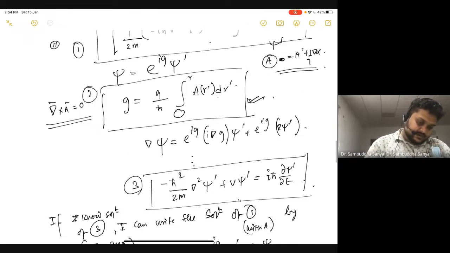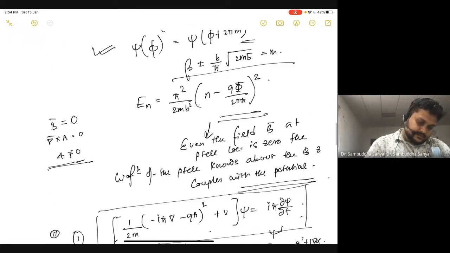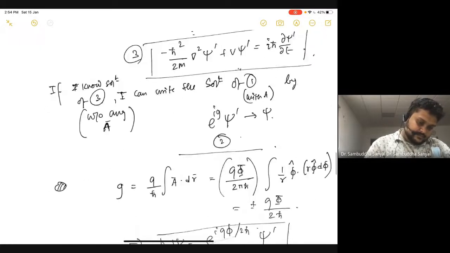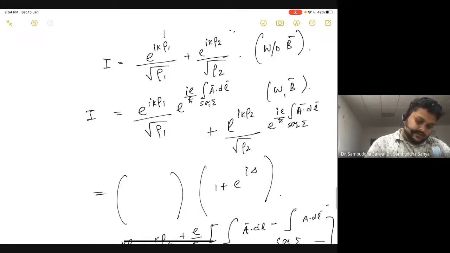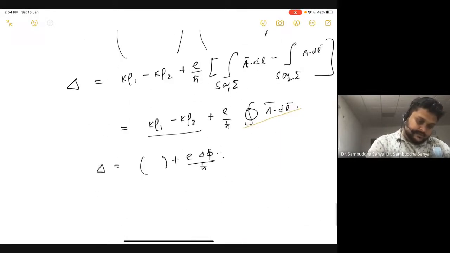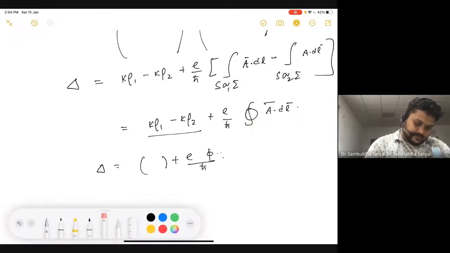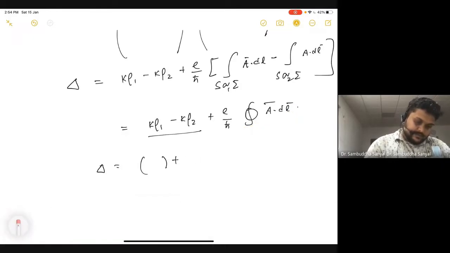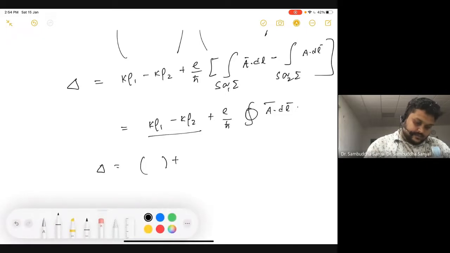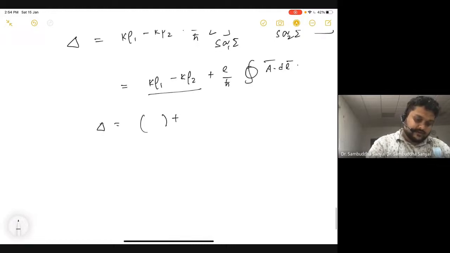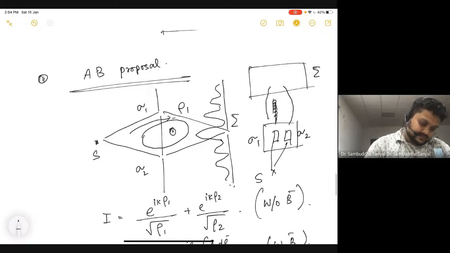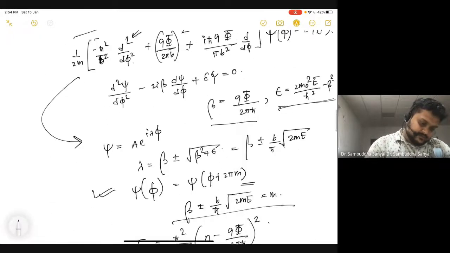We worked it out earlier: q phi by 2 h bar. Sorry, I am using e here because this experiment was done with electrons. So e phi by 2 h bar. I think there is some pi factor also. Let me check if that is true.